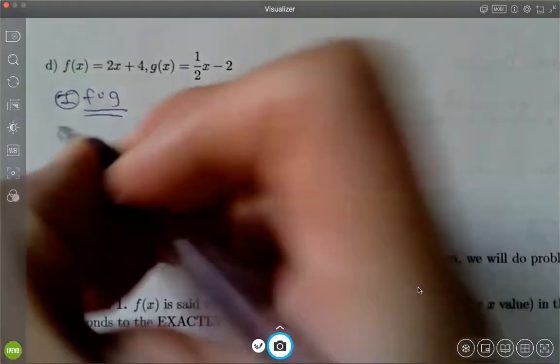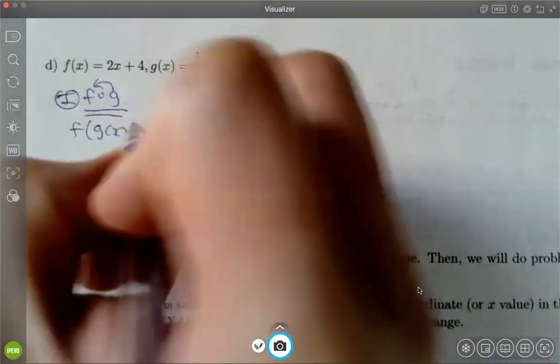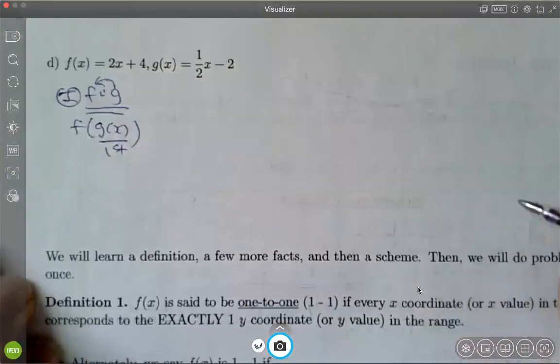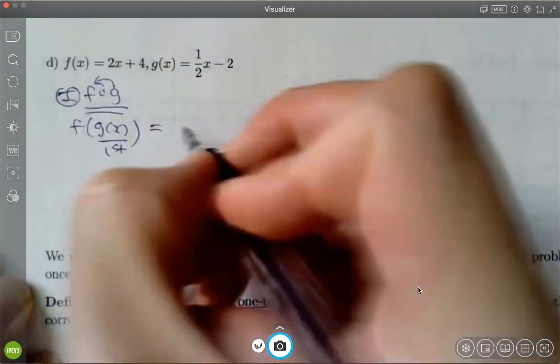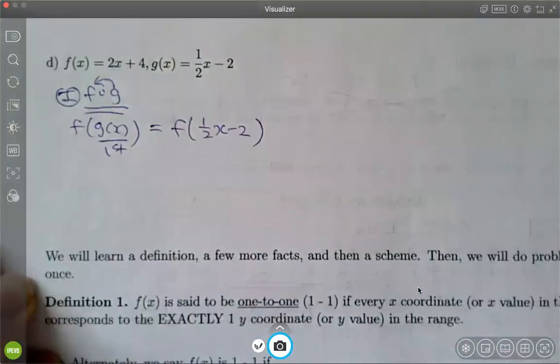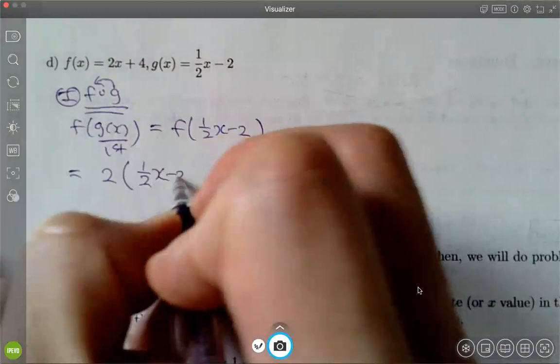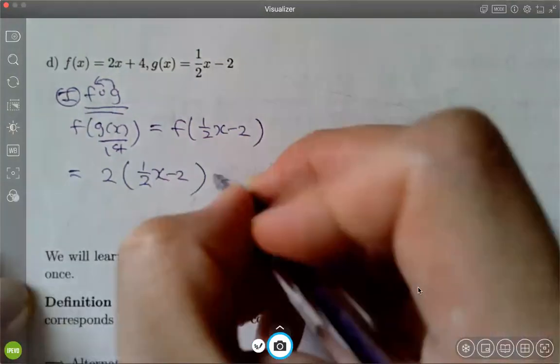This is f of g of x, where we do g first, right? So it's f of 1/2 x minus 2. We plug in 1/2 x minus 2 into x in f, so it's 2 times (1/2 x minus 2), and then plus 4.